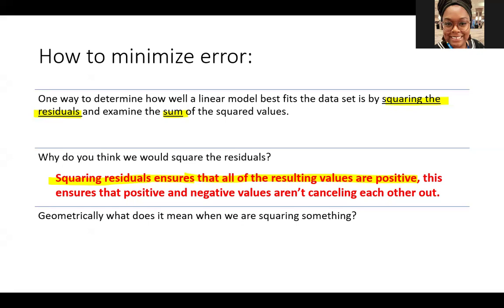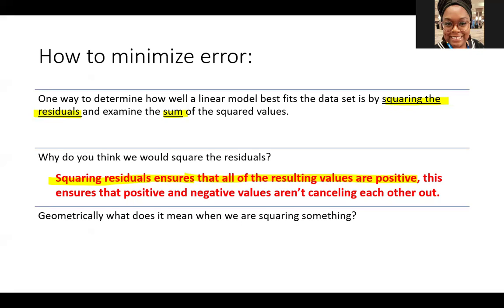Not volume, but area. Squared units is area. Anytime you have squared units, that means you found the area of something. Volume was your cubic units. If you had cubic units, that means you found the volume.